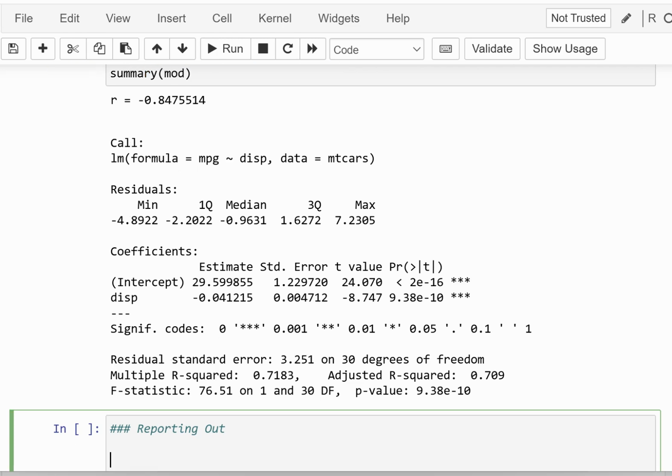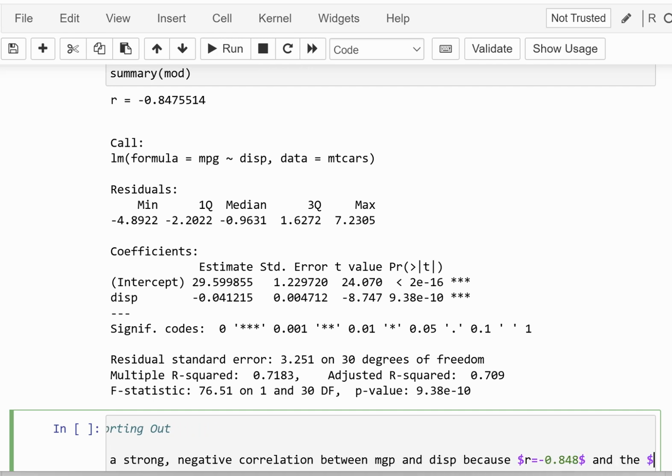Okay. We have a strong negative correlation between MPG and displacement because R equals negative 0.847. Let's just do 848.